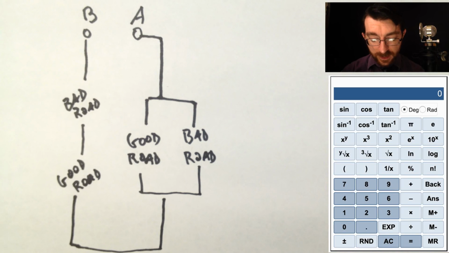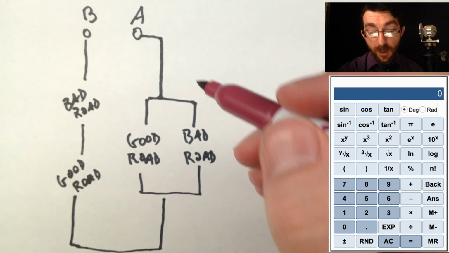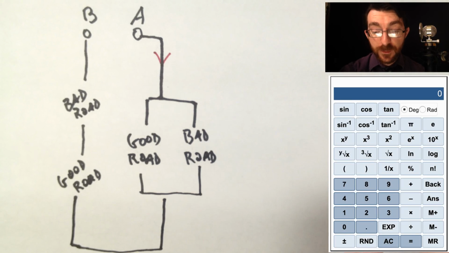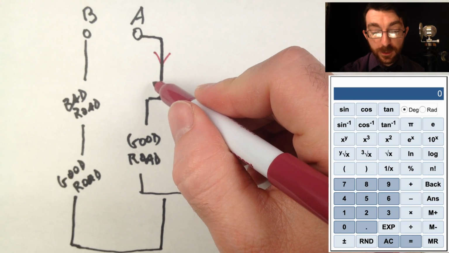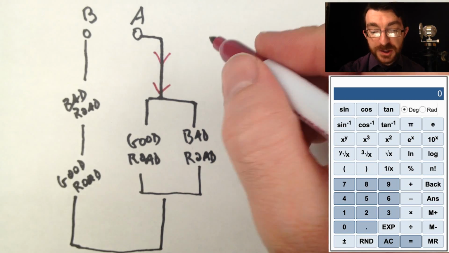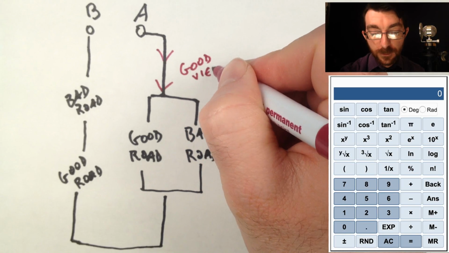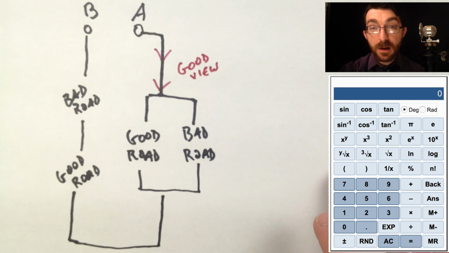Okay, so let's analyze this from the traffic point of view. When you've got your armada of cars all leaving A and heading down towards B, and they approach this fork, I want you to imagine that they all have a good view here, as in they know what the traffic is like on the bad road, and they know what the traffic is like on the good road.